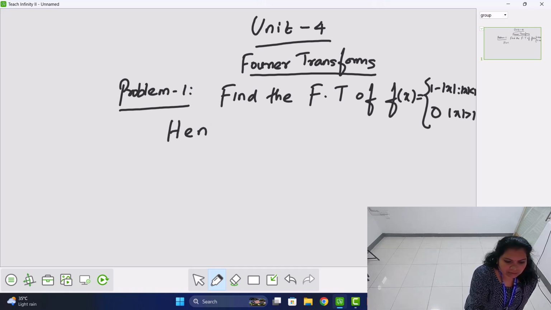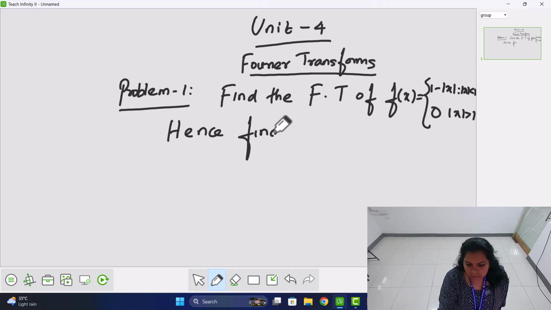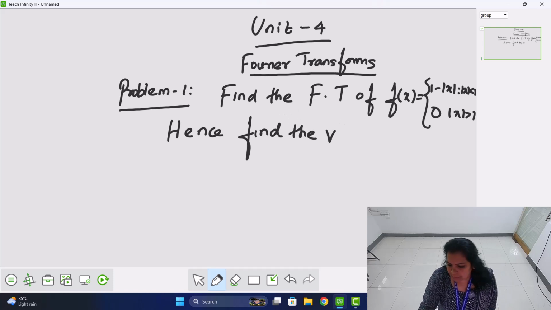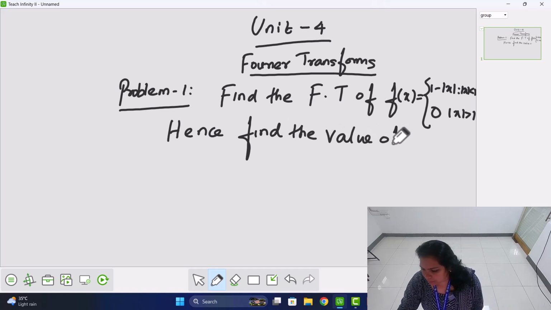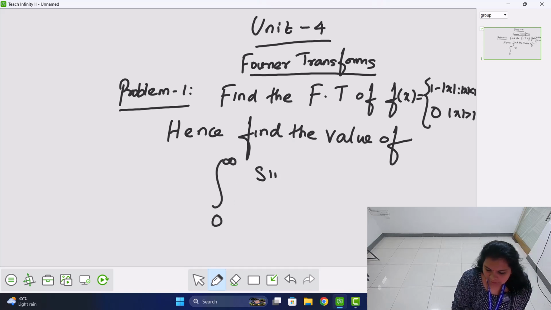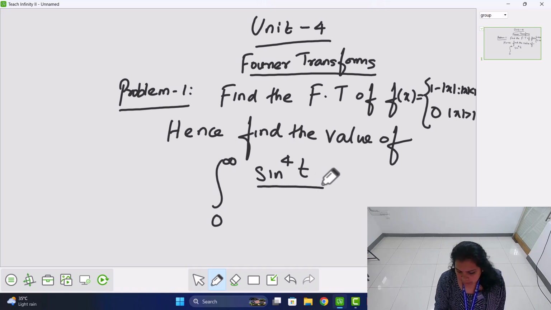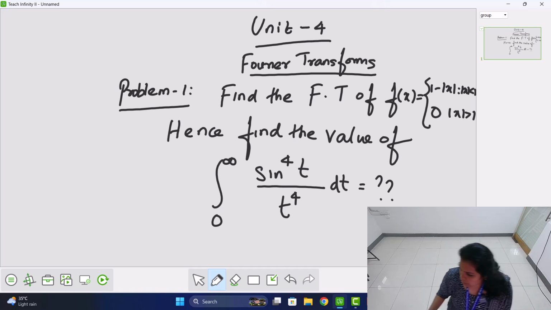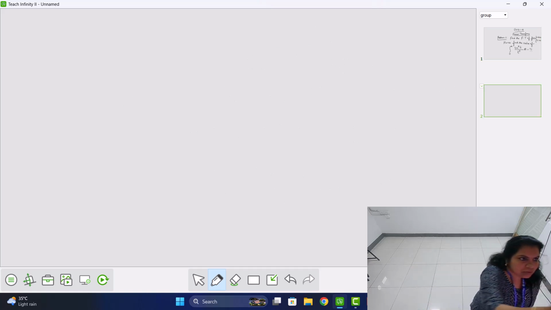Hence, find the value of the integral from 0 to infinity of sine power 4 t divided by t power 4 dt. You have to find this answer. So for this, we have to know the solution.